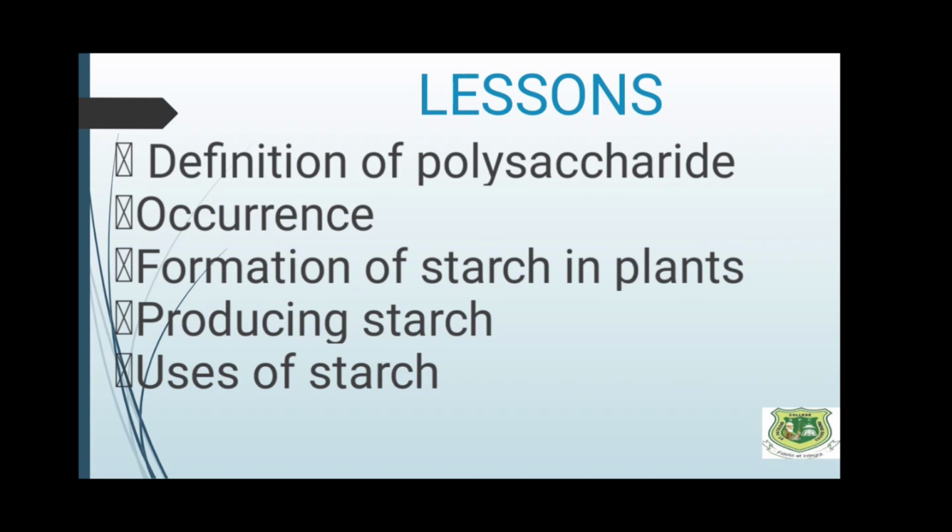Now, let's look at production of starch in large quantity. Starch is produced in large quantities from starch-containing substances such as cassava as follows. If we can itemize it, number one, we first of all peel the cassava tubers, wash, grate, and extract with water.